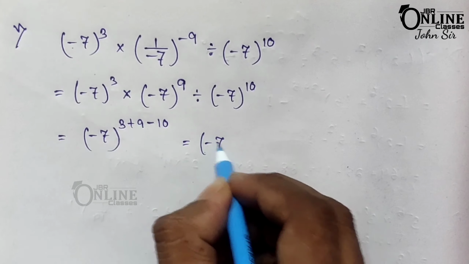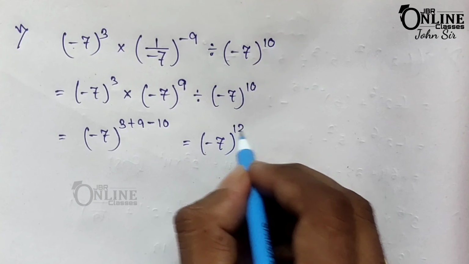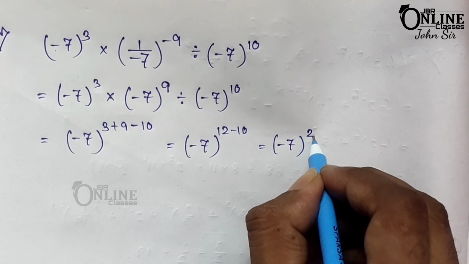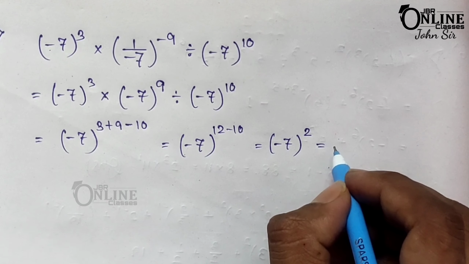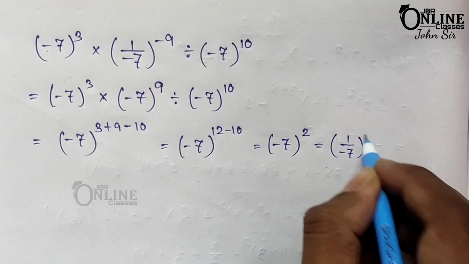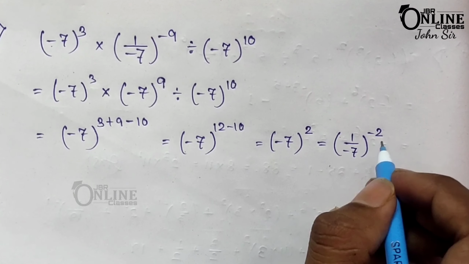That means minus 7, 3 plus 9 is 12, so 12 minus 10 equals minus 7 whole to the power 2, and as you have to change it into negative exponent, it will be 1 by minus 7 to the power minus 2.